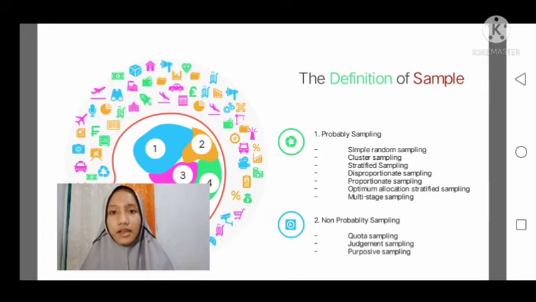Some of the techniques used for non-probability sampling are: first, quota sampling, judgment sampling, and for the last is purposive sampling. Okay, that's all my material, and the next material will be presented by Lia Hidayati.